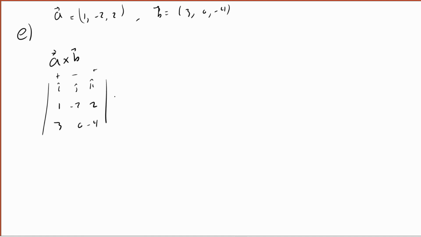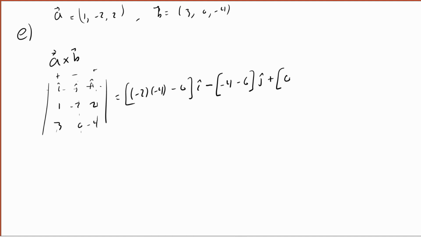Okay, so here, if we cross out i, that's going to be minus 2 times minus 4 minus 0, i hat minus, so we have minus 4 minus 6 j hat plus, cross this out, I have 0 minus minus 6 k hat.